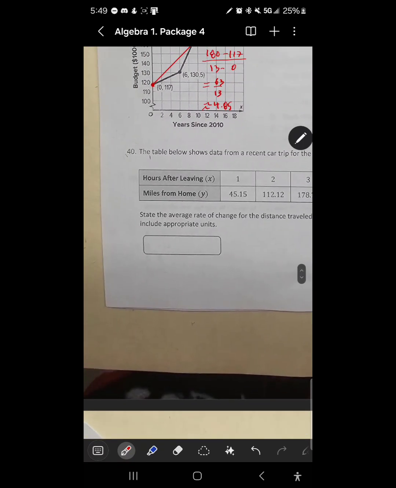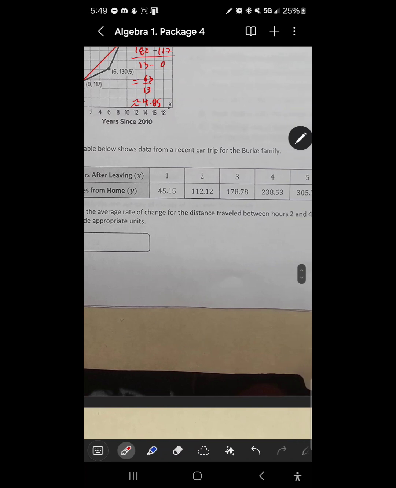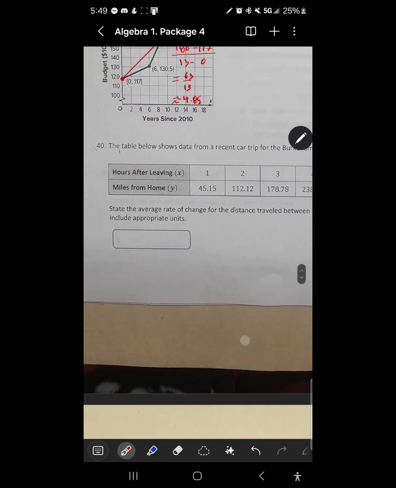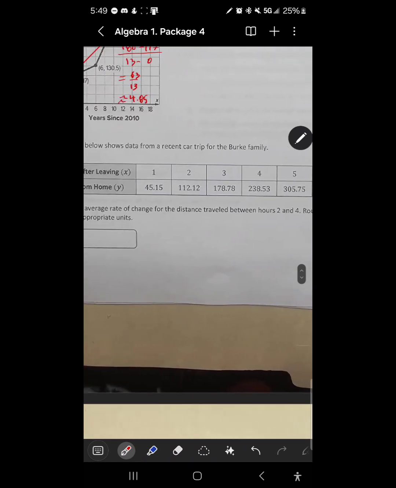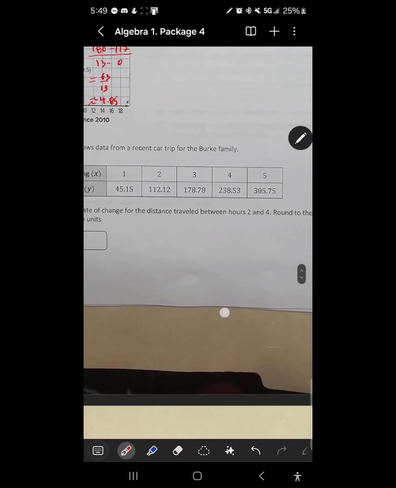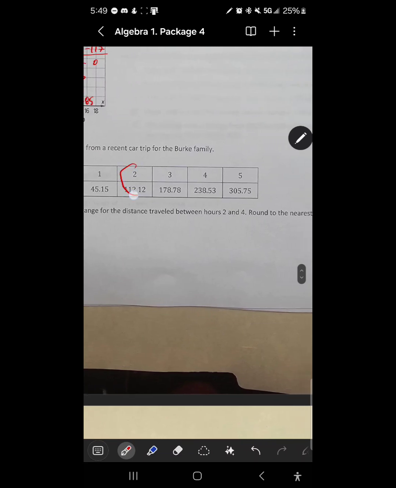Now let's do 40. The table below shows data from a recent car trip for the Burke family. Okay, that's all the data. State the average rate of change for the distance traveled between 2 and 4. Okay, we have 2 here. We have 4 here.